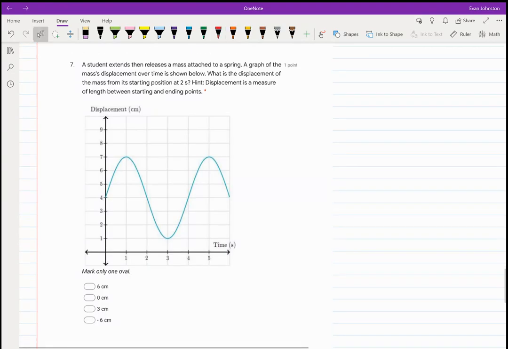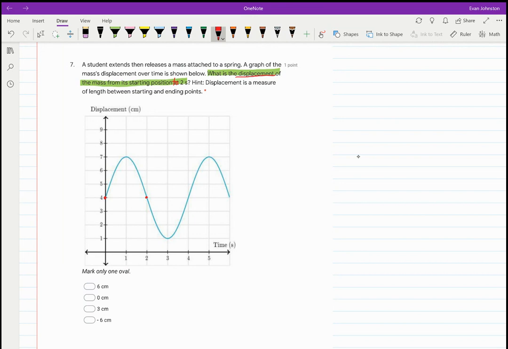And then this one's actually the same graph, but it's asking what is the displacement of the mass from its starting position, that should say 2 seconds, not at 2 seconds. I done goofed there. But we want the displacement. So if we're starting here and going to 2 seconds, this is almost just like the question above.